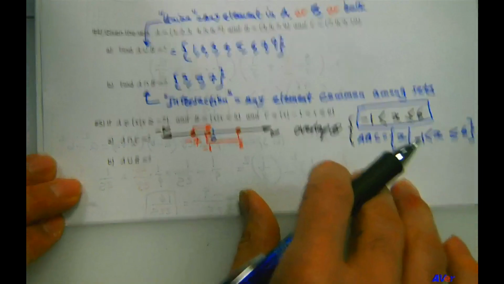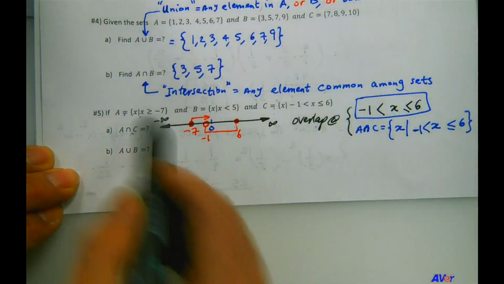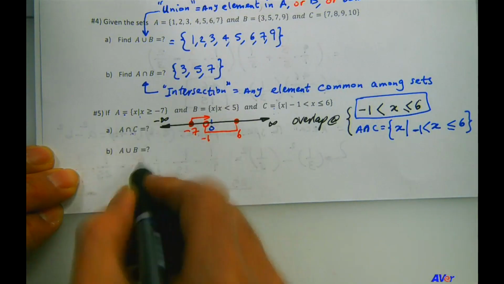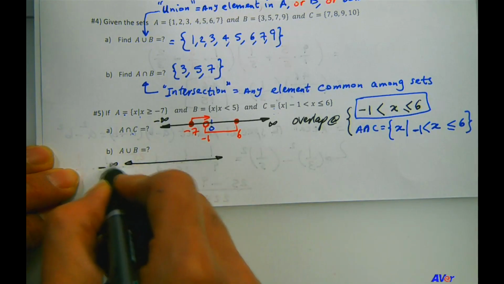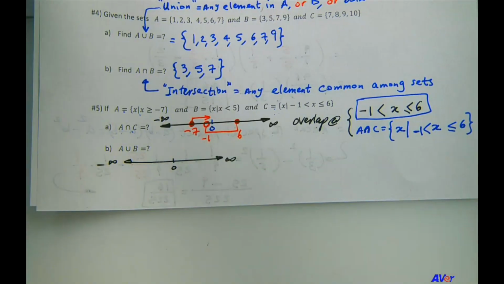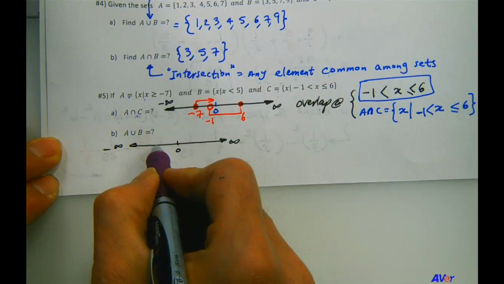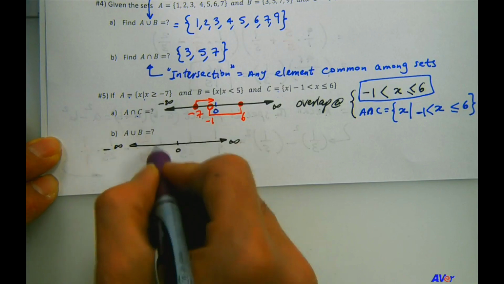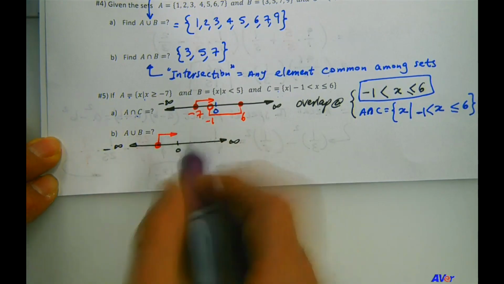A union B. So A union B suggests that this is everything, any element that is part of A or B or both. Okay, so let's draw a real number line here. So -7 would be once again here, and A says X can be equal to -7, so it would be that way.